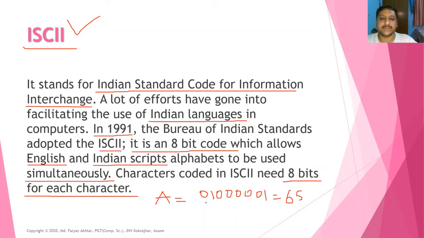In ISCII this is like this. Okay, and for other letters, suppose the Hindi letter ko, this may have some code, and a total of 8 binary digits is used for that letter. So many Indian characters are already encoded in the Indian Standard Code.